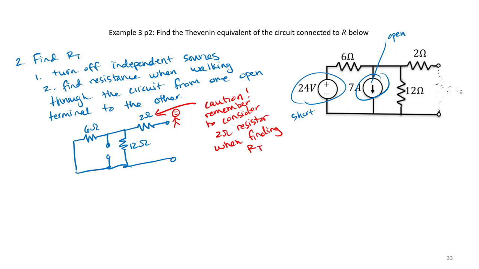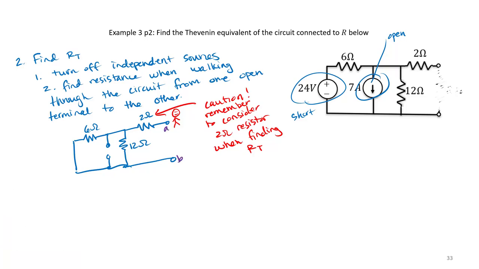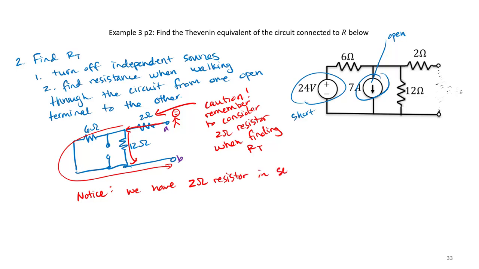Remember, we were able to ignore that 2 ohm resistor during our Thevenin voltage calculations, but here, if I am walking from my terminal A to terminal B, notice that I have to pass through that 2 ohm resistor. So we see we have a 2 ohm resistor in series with a 6 ohm and 12 ohm in parallel.